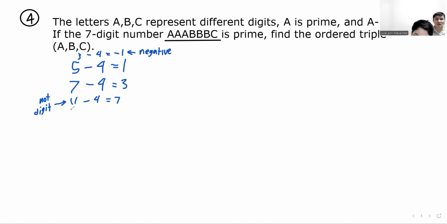That's a digit, but 11 itself is not a digit, so it can't be substituted for A. And 3 minus 4 is negative 1, which is not a digit, so you can't substitute it for B.